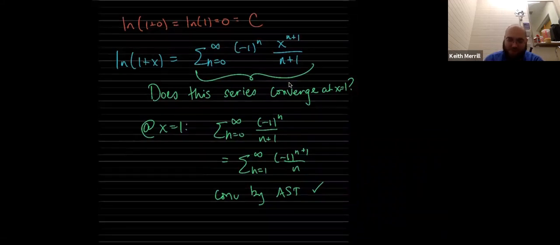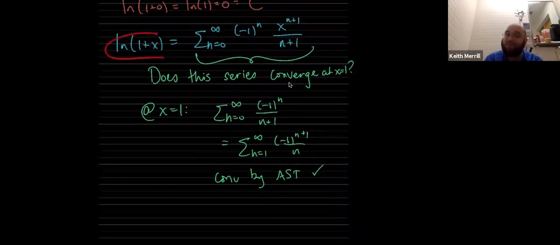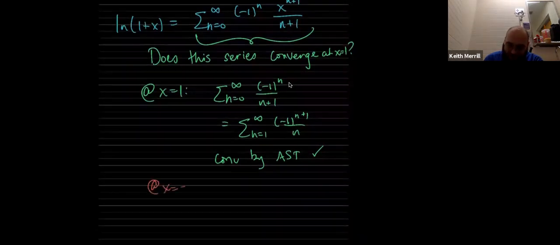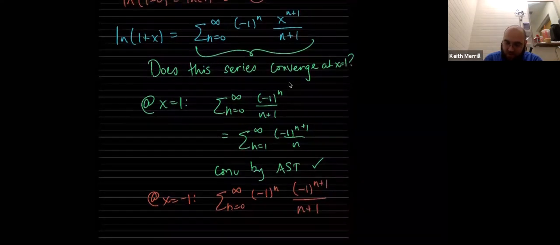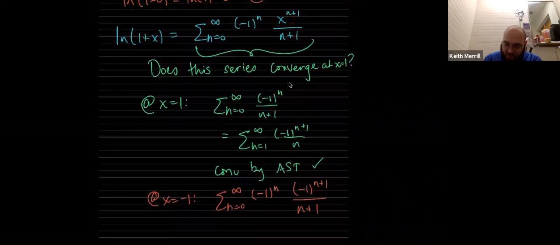There isn't. So just as a note, it shouldn't work at -1, partly because this function does not work at -1. So real quick, what would happen if you tried at x equals -1? This is the series that I would get. Just like before, I took my x and replaced it, now by a -1, but this -1 still comes through, so I don't get to get rid of it.